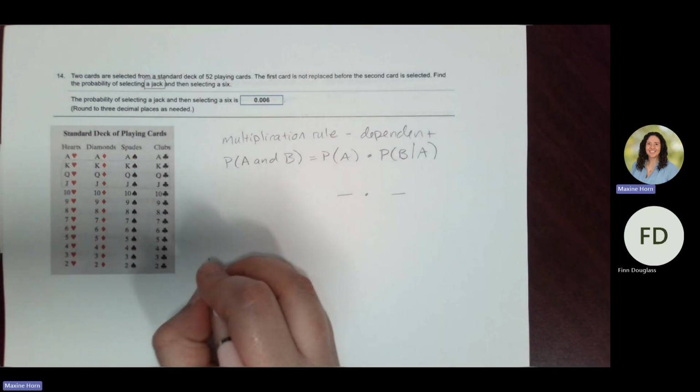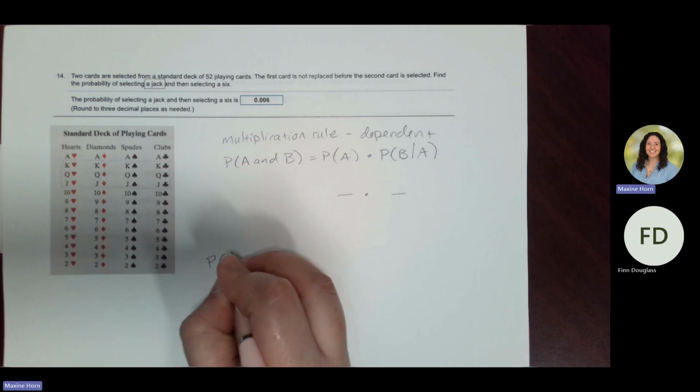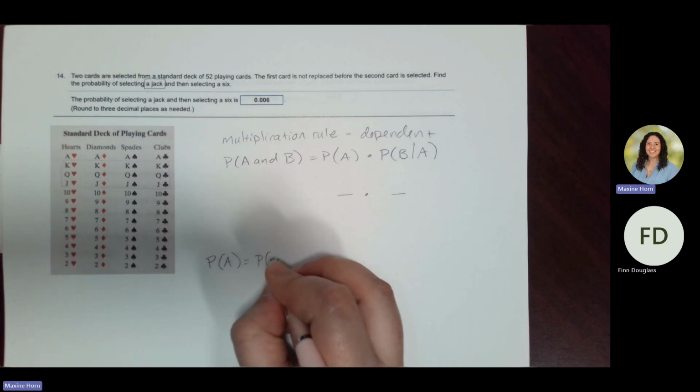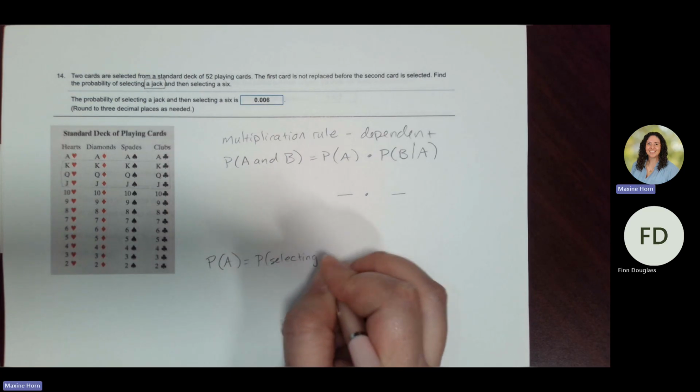So let me write this down here. Probability of A is the probability of selecting a jack.